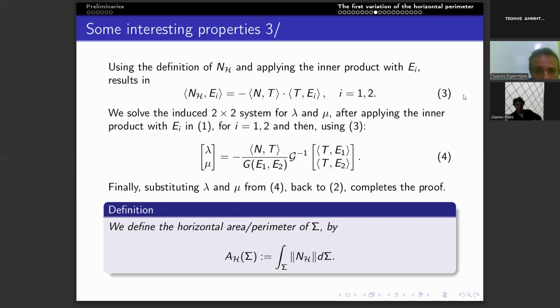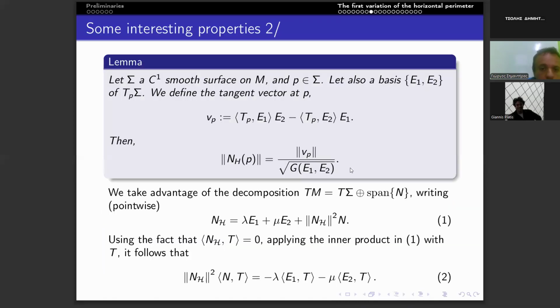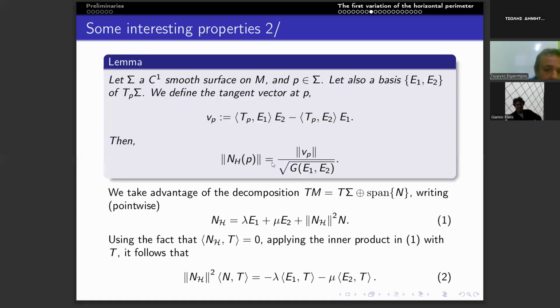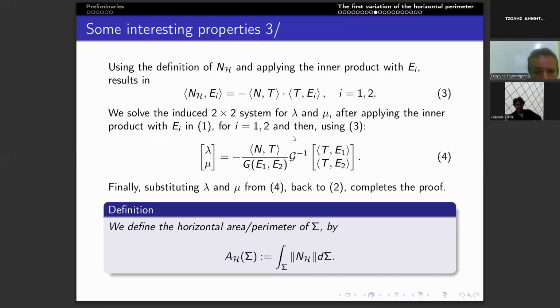So we take the third equation here, and we solve the induced square system for lambda and m after taking the inner product in the first equation with E1 and E2. Lambda and m can be calculated via this formula, and then we can substitute back into the second equation, taking the norm, and prove this identity here, which we'll need for our main theorem.